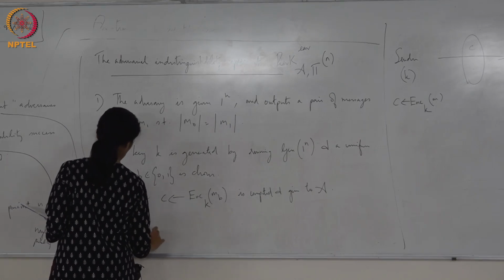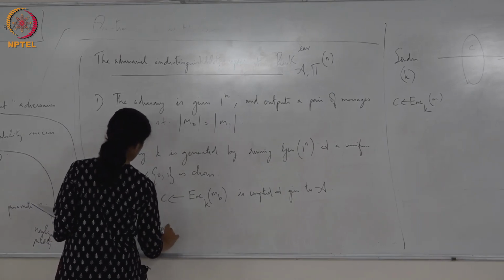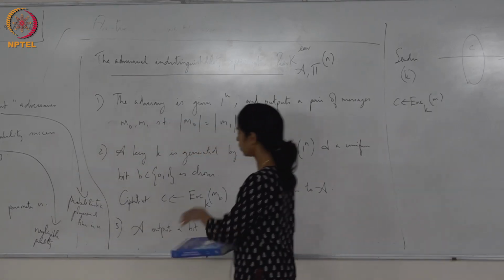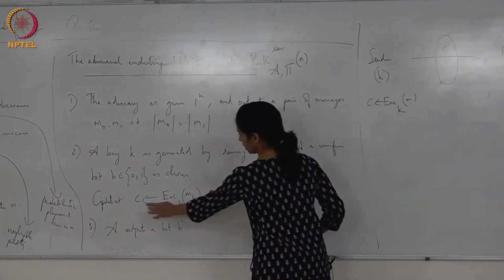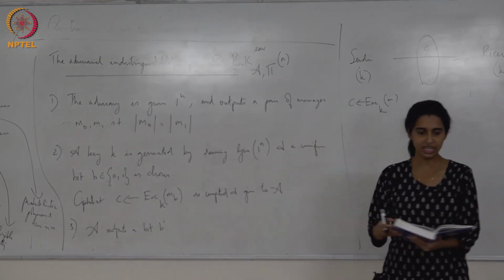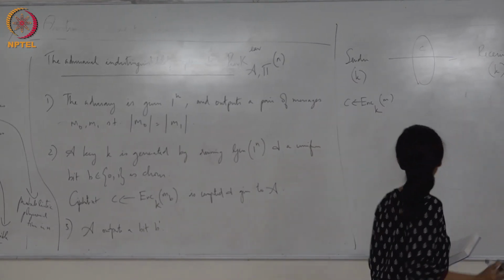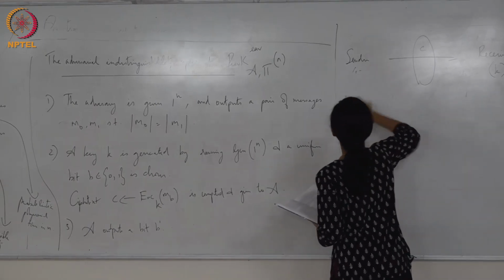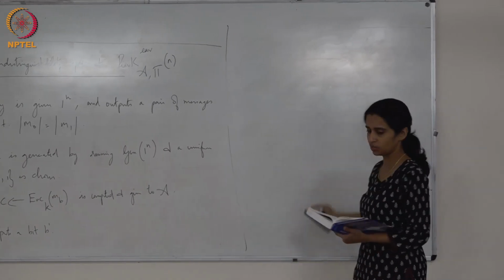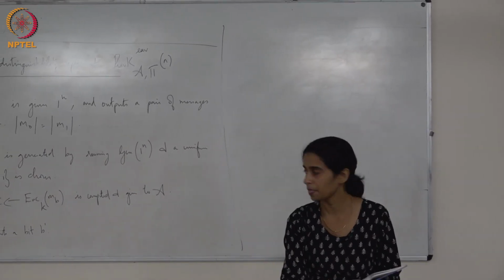Similar to what we saw earlier, A outputs a bit b prime, which is its guess for b, that is, its guess for whether C corresponds to the encryption of M0 or M1. Similar to last time, the output of the experiment is 1 if A guesses correctly. So the output of the experiment is 1 if b prime equals b and 0 otherwise.